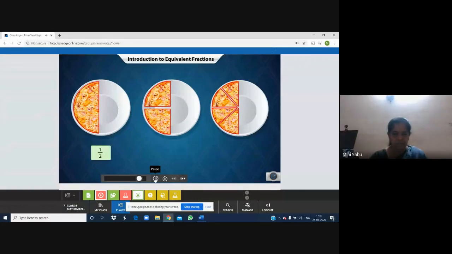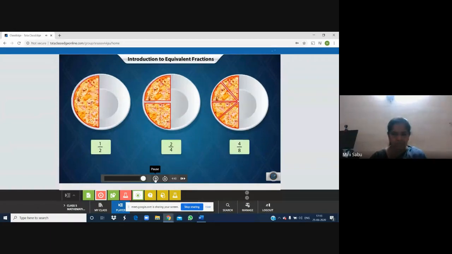This means that the fractions 1/2, 2/4, and 4/8 are equal and show the same part of the whole. Such fractions are called equivalent fractions. Let's further explore equivalent fractions.